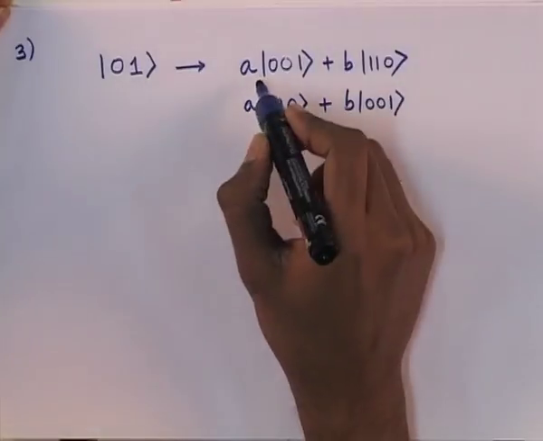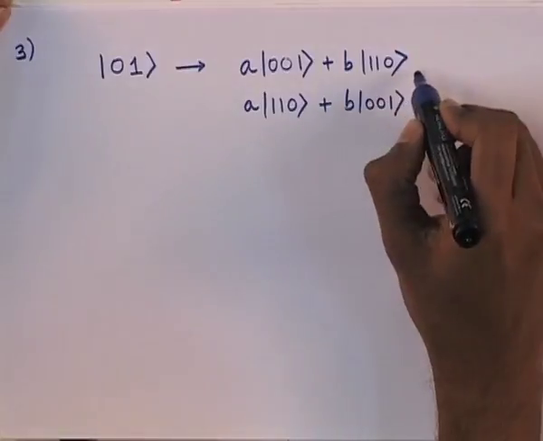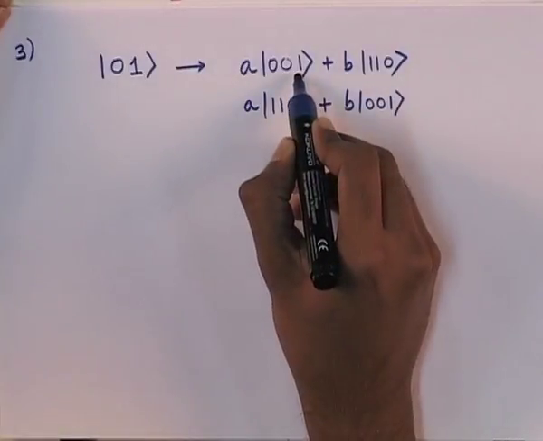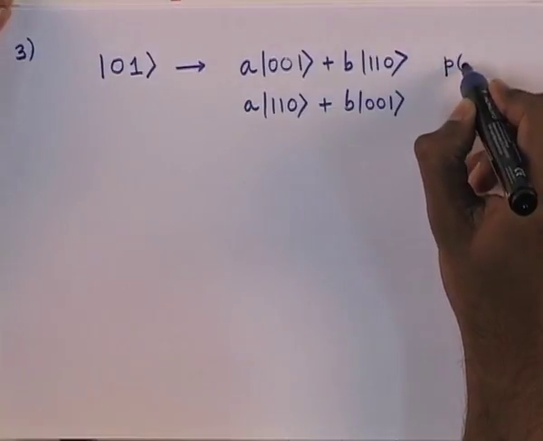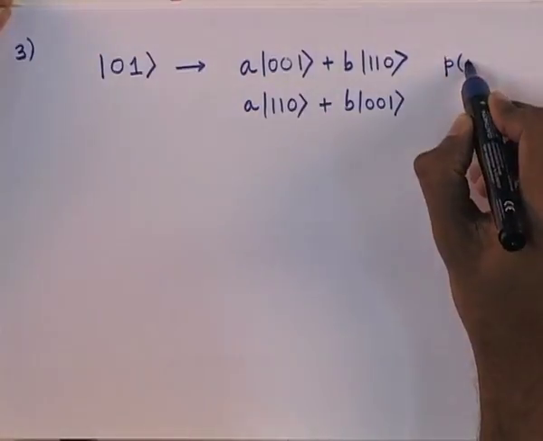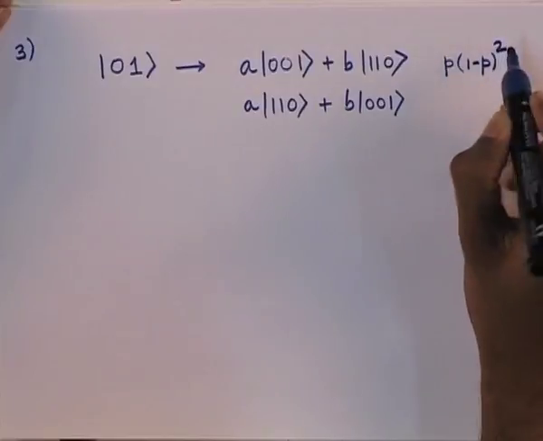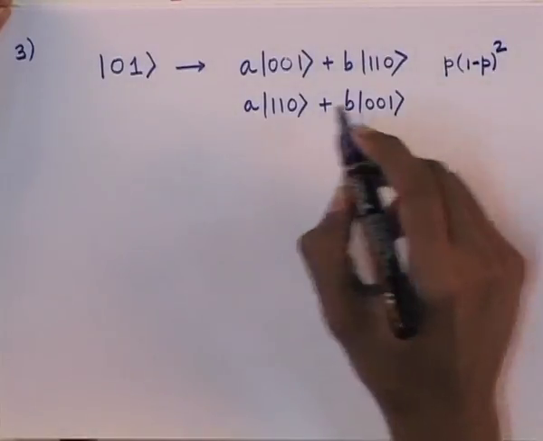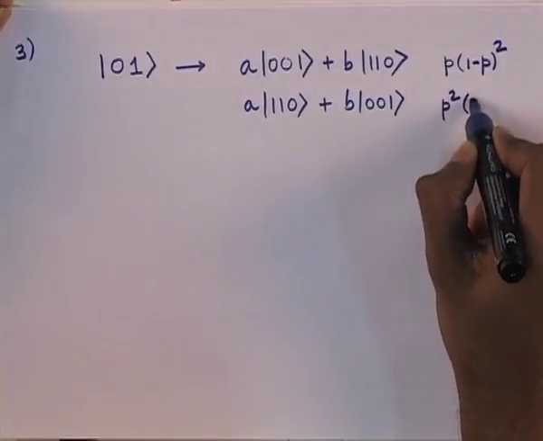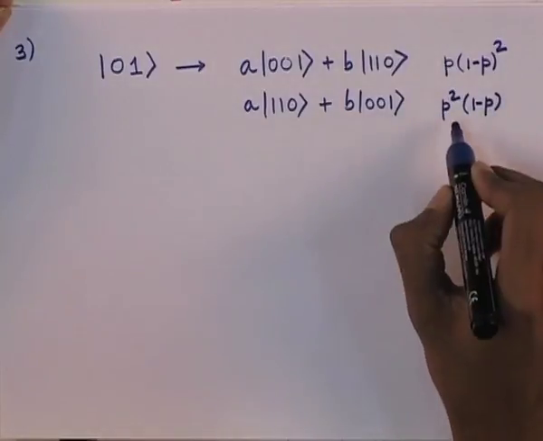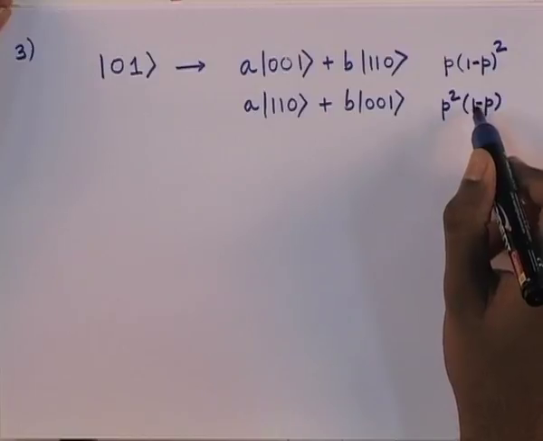The probability of occurrence of the first state: there is only one error, so p times the 2 error-free bits, so (1 minus p) squared. In the second case there are 2 errors, so p squared, and 1 error-free bit, so p squared times (1 minus p).